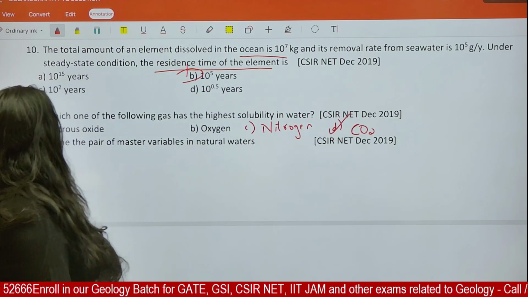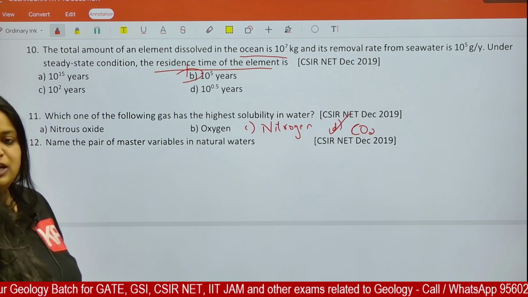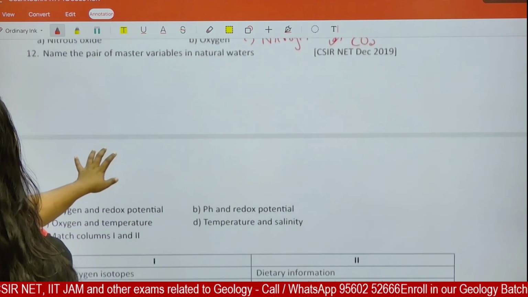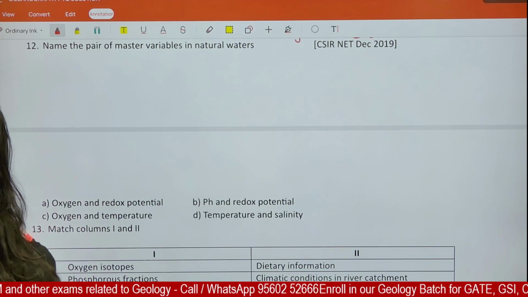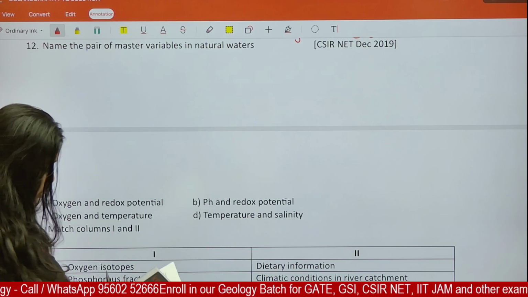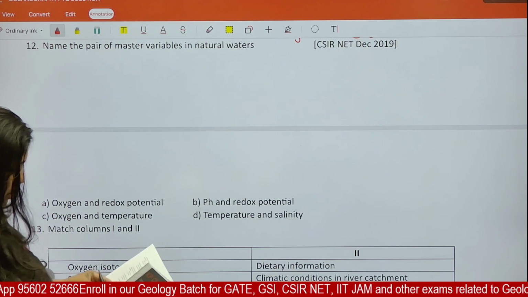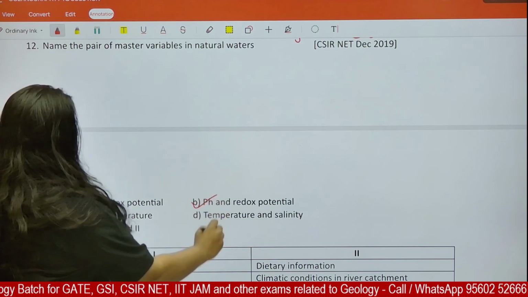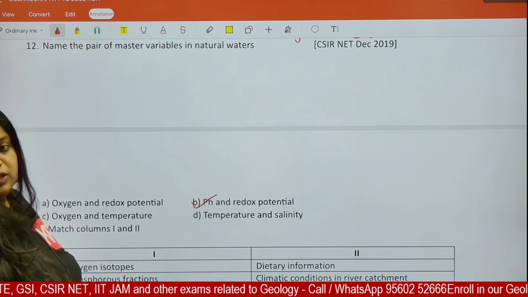It has the highest solubility in water. Now next one, name the pair of master variables in natural water: oxygen and redox potential, pH and redox potential, oxygen and temperature, temperature and salinity. The answer would be pH and redox potential.